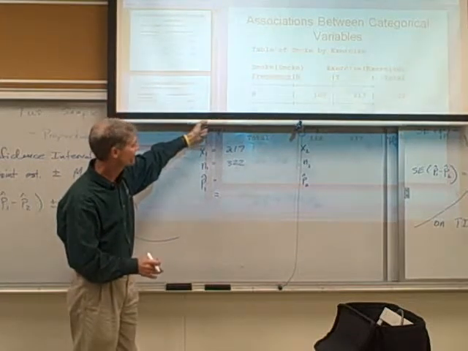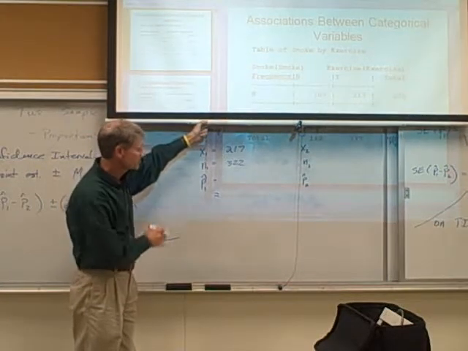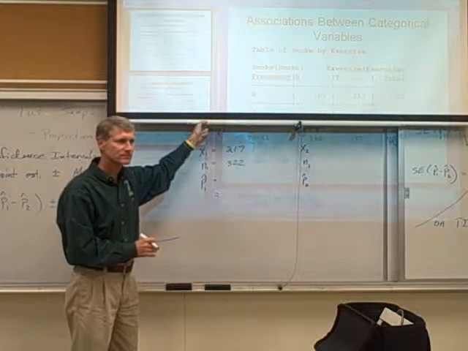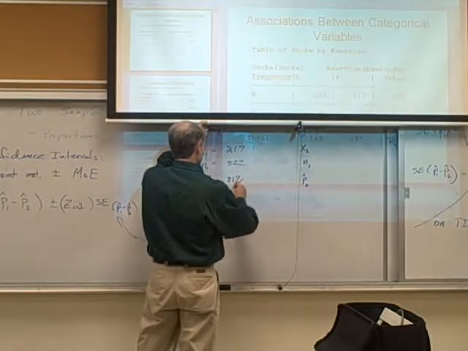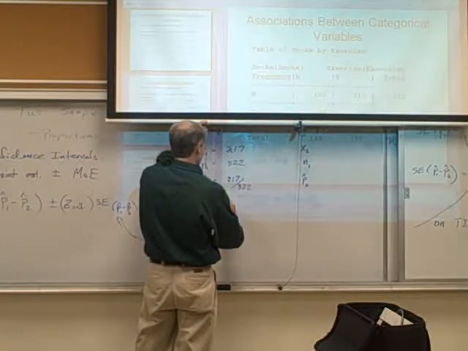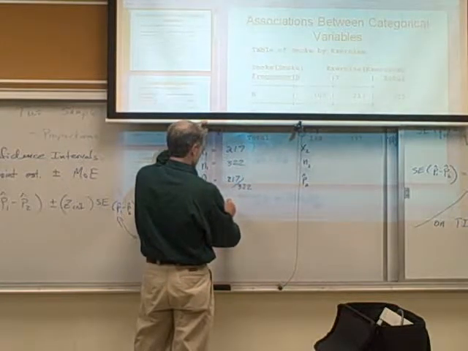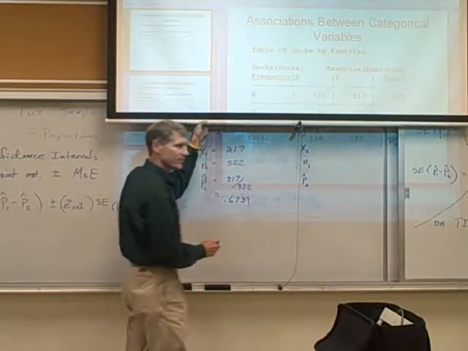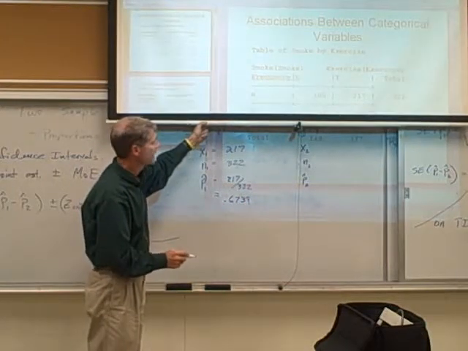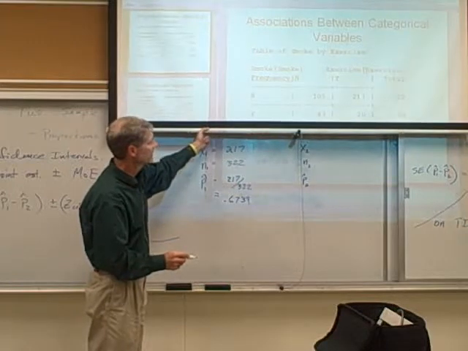Just kidding. Okay? So now what is P1 hat? Okay? 217 divided by 322, which is, as a decimal, 0.6739.